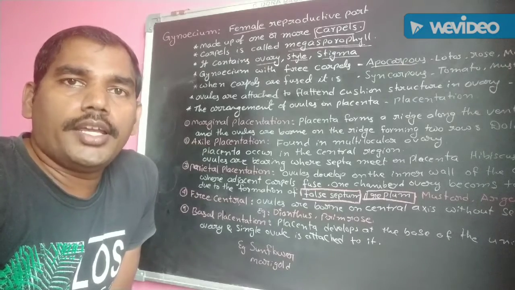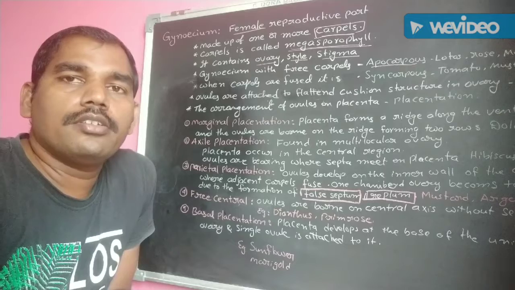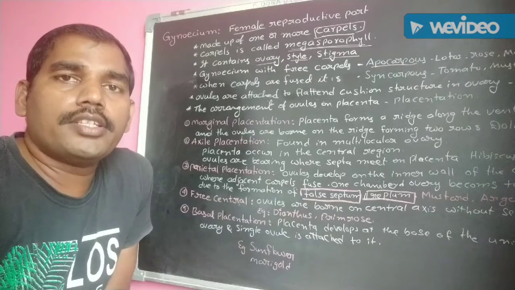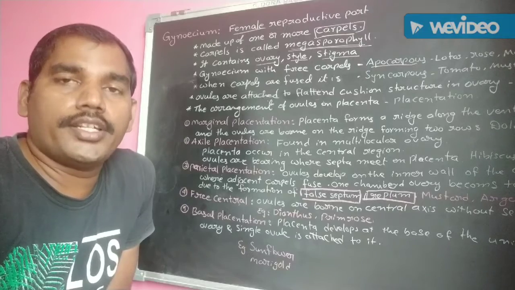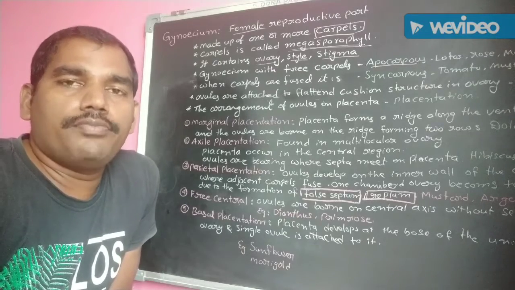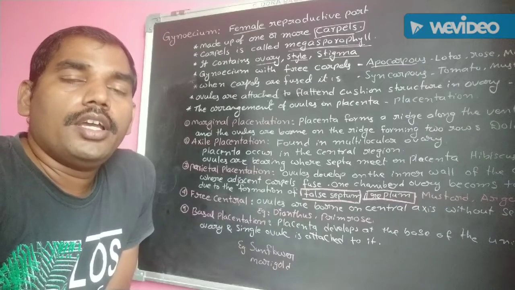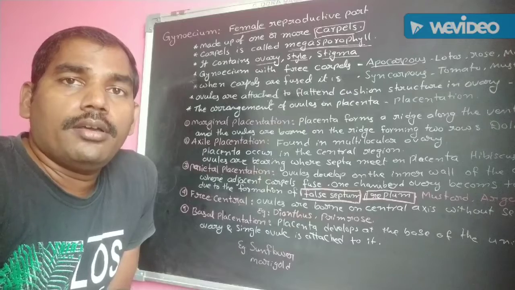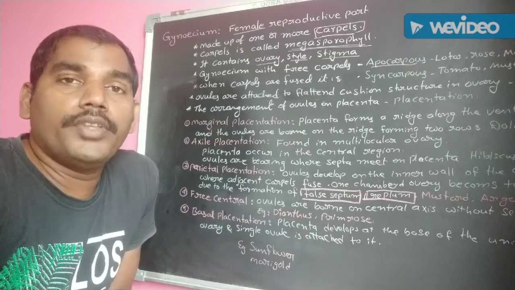Some species, like Asteraceae family members, this means sunflower and marigold like flowers, consist of two types of florets. These are ray florets and disc florets. In these florets, the placenta is present at the base of the ovary.